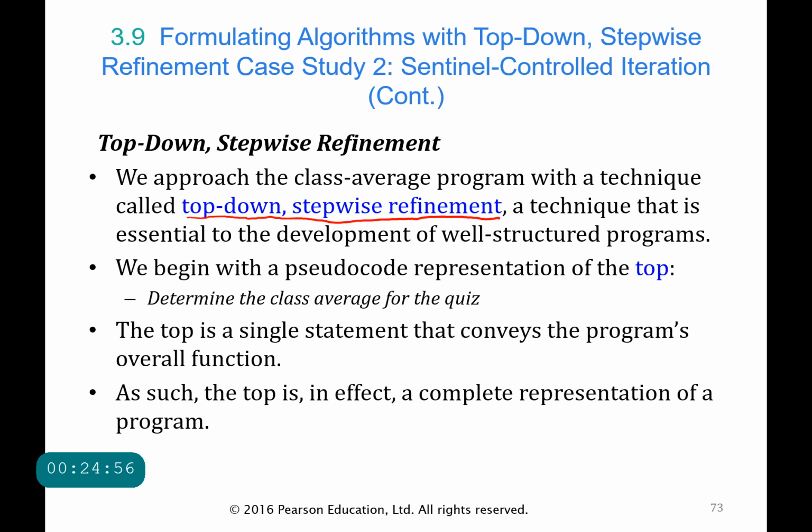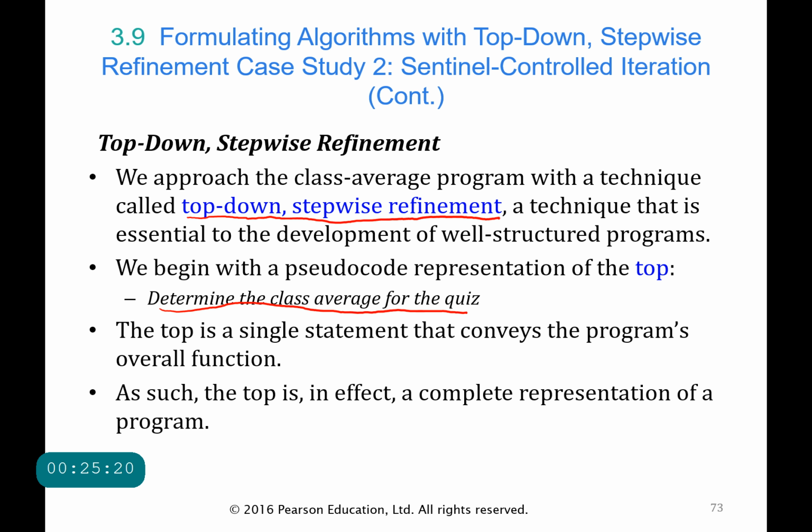So we use our top down stepwise refinement. So what do we want to do? Well, we want to determine the class average for the quiz, right? Now this conveys just one meaning of what the program is supposed to do, but it doesn't tell you exactly how it's going to accomplish this.